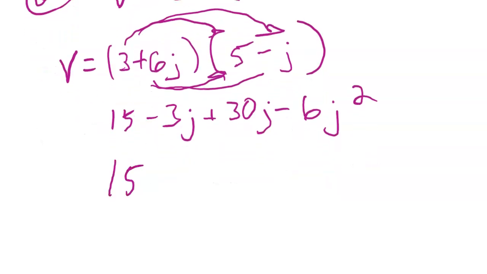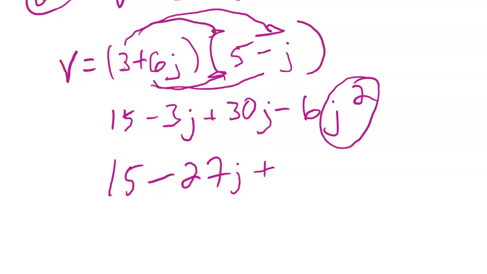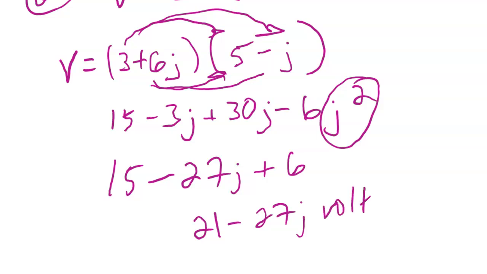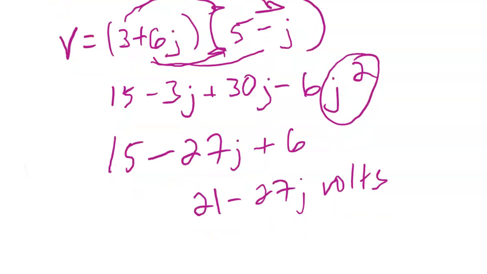So you get 15 plus 27j, plus, okay, -1 times -6, which is +6. So you get 21 plus 27j volts. I think we end up with volts. And we're just multiplying stuff.